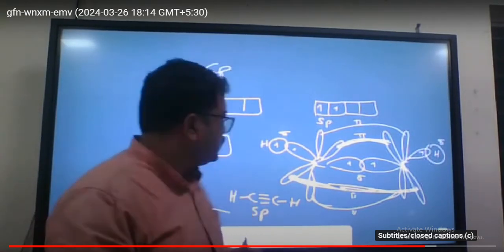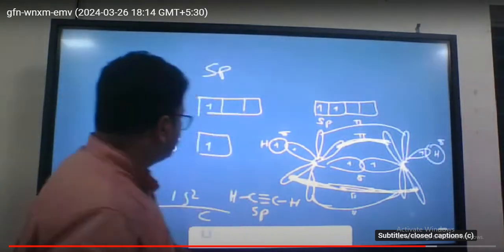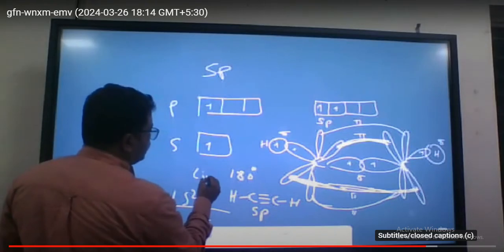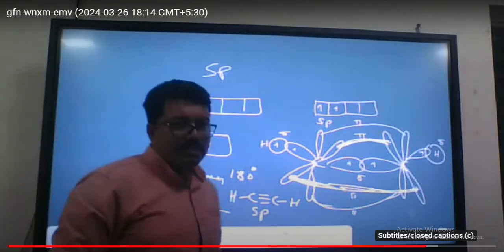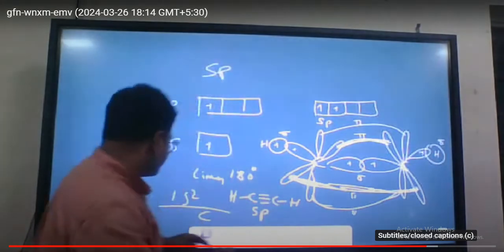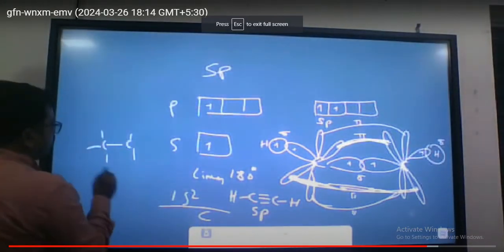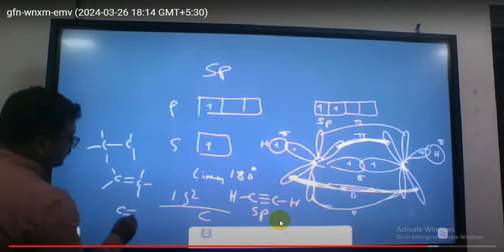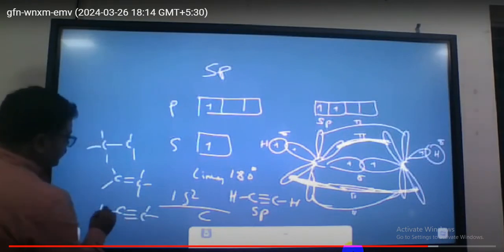This is sp hybridized. So that's why it is linear, 180 degree structure. That's why a single bond is sp3 hybridized, a double bond is sp2 hybridized, and a triple bond is sp hybridized.